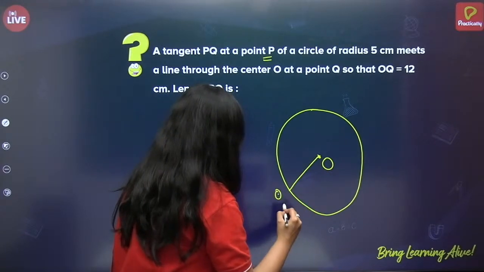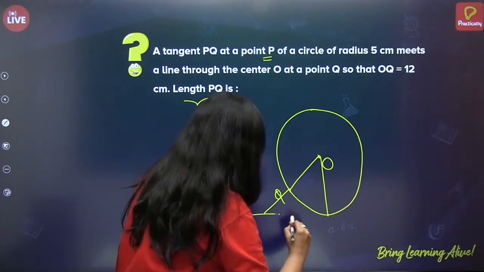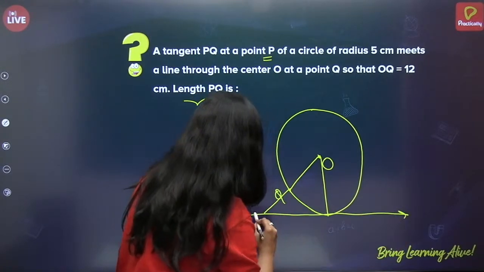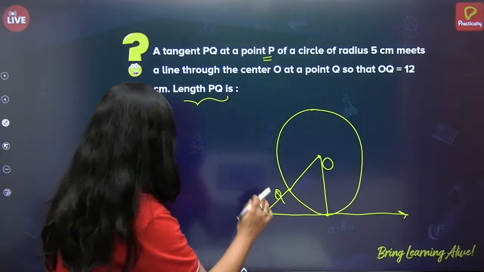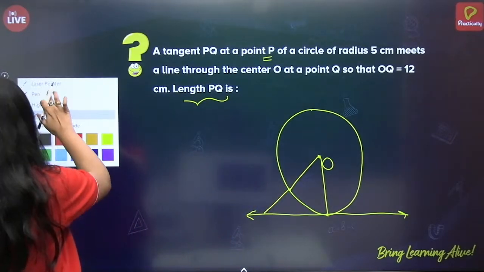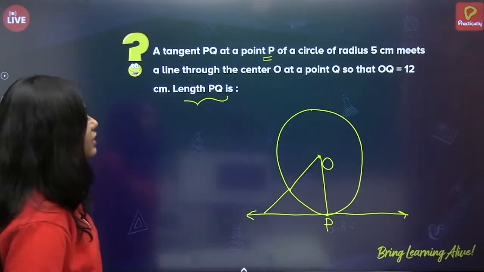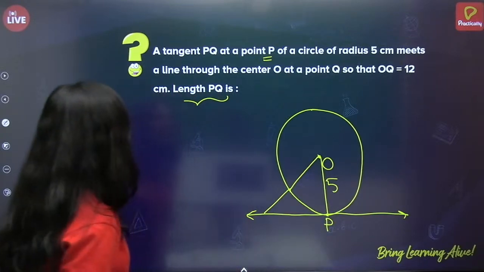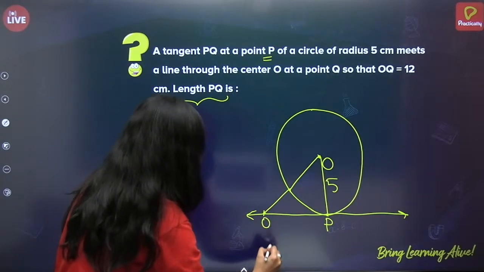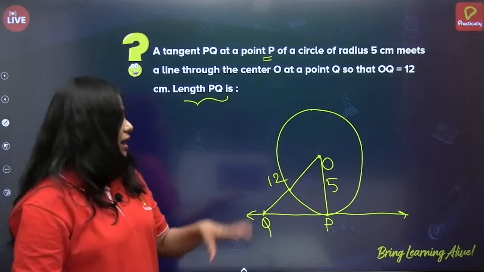Okay, this is Q. Right, tangent PQ at a point P, radius 5 at this Q. This is 12. Alright, now we have drawn the diagram.